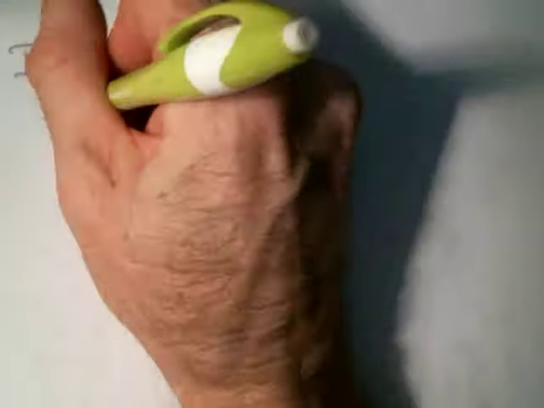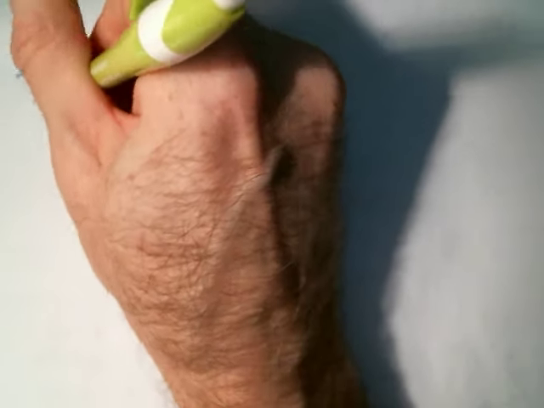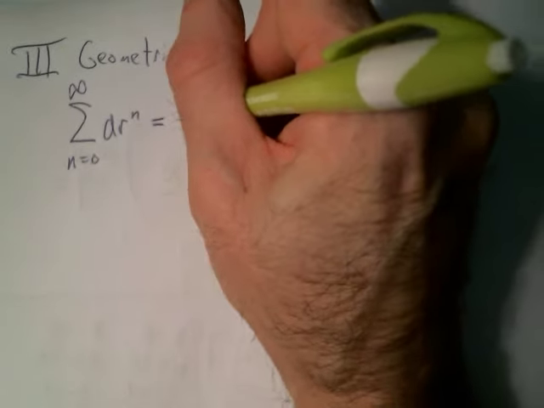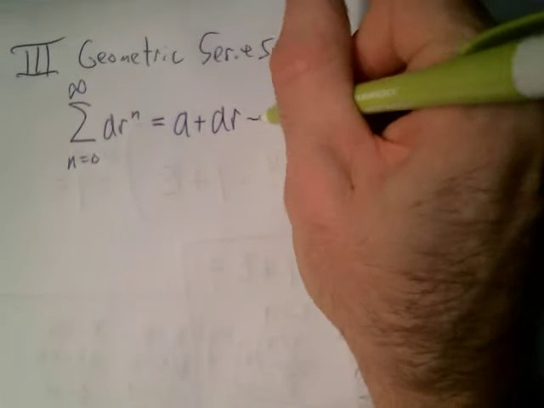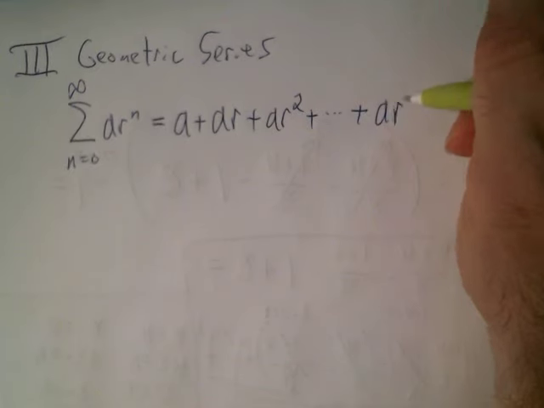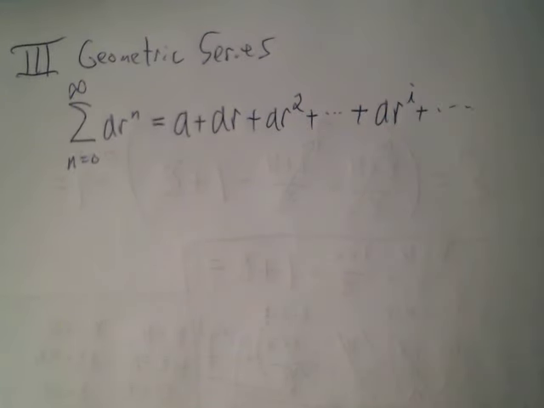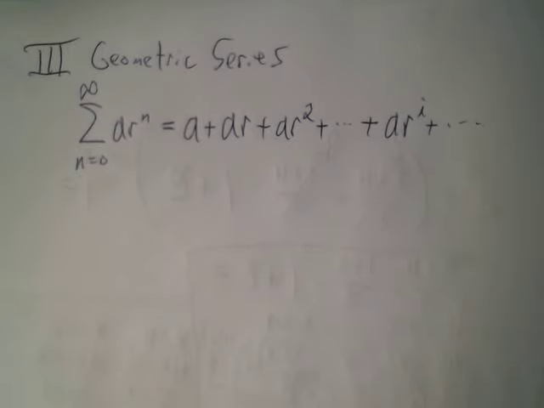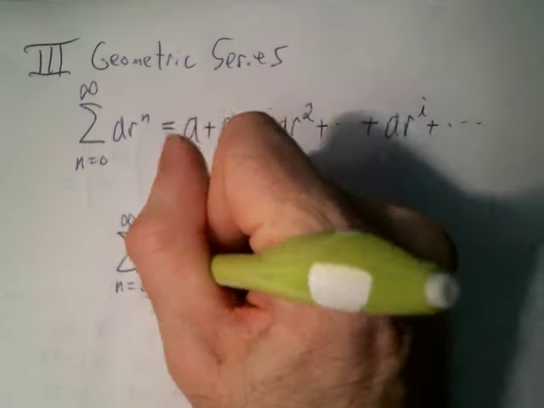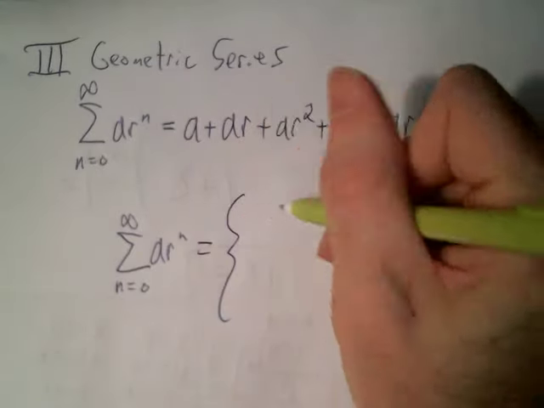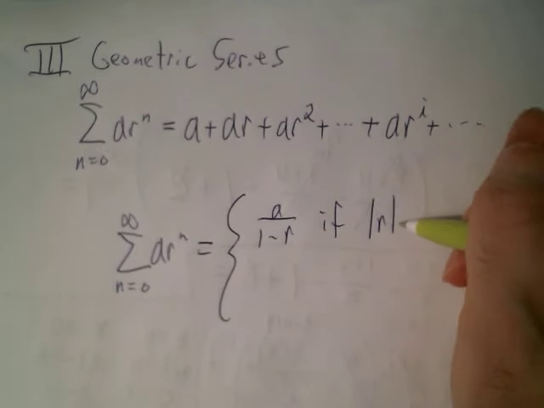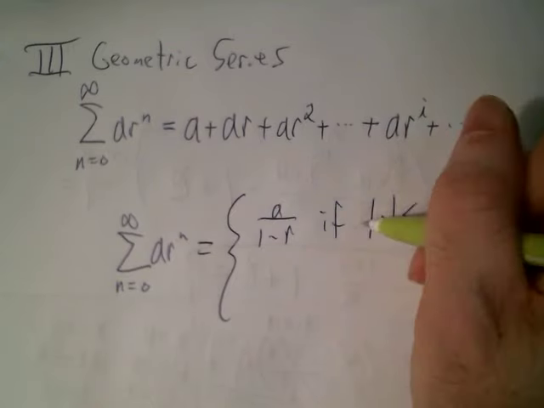So our geometric series is the sum from n equals 0 to infinity of A R to the n. That would be A plus A R to the first plus A R to the second, etc.